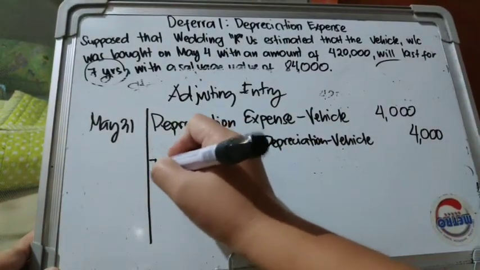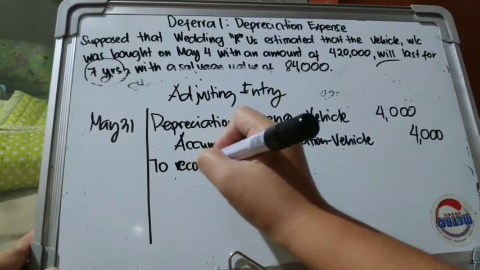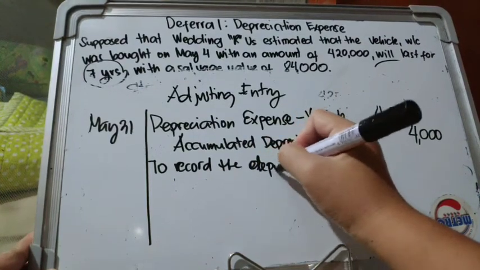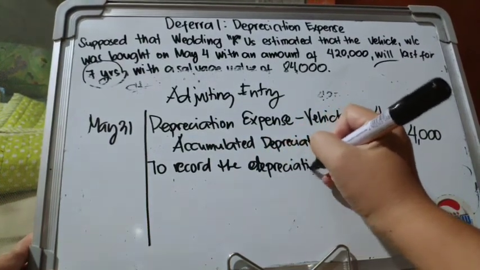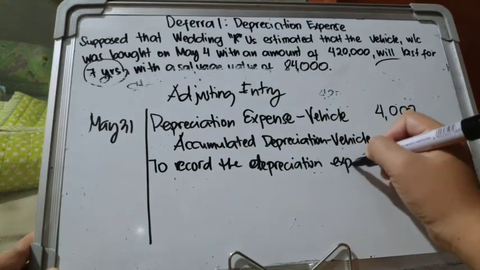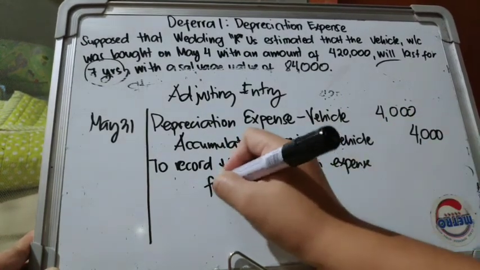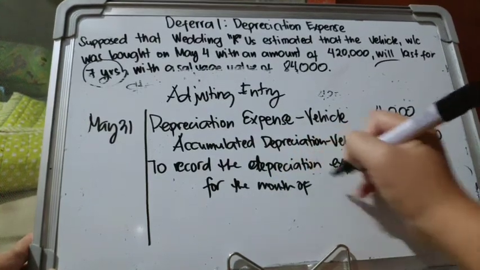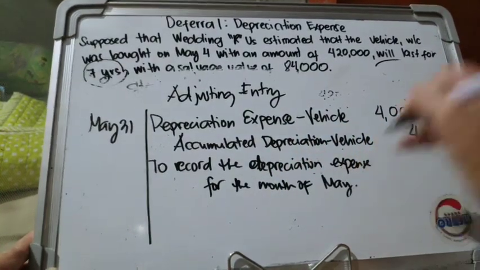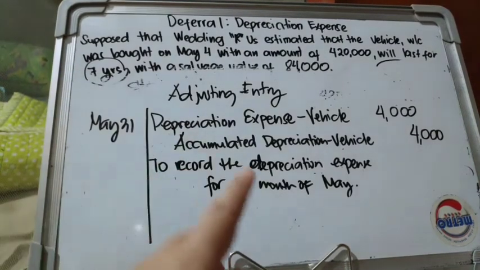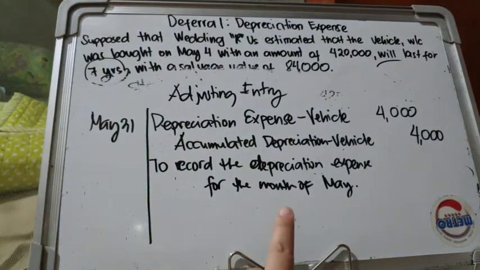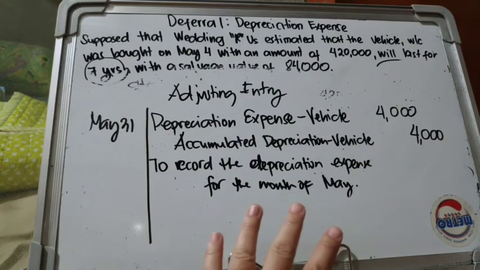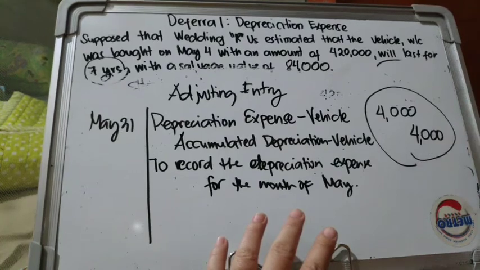So, the amount that you will put is yung amount na nakuha mo when you are computing the straight line method. So, for the 4,000 pesos. Then, the explanation is to record the depreciation expense for the month of May. Okay. In here, you are to specifically also state what months or anong period yung cover ng amount na ito.